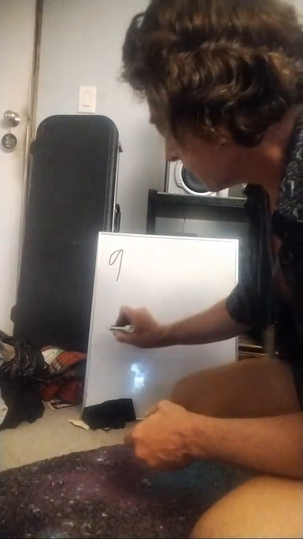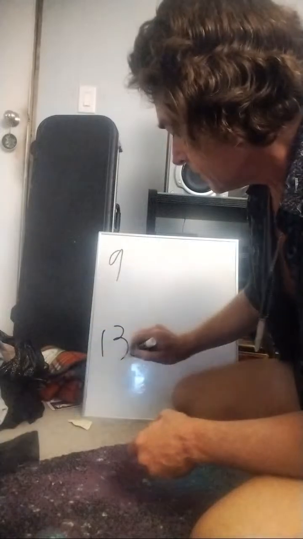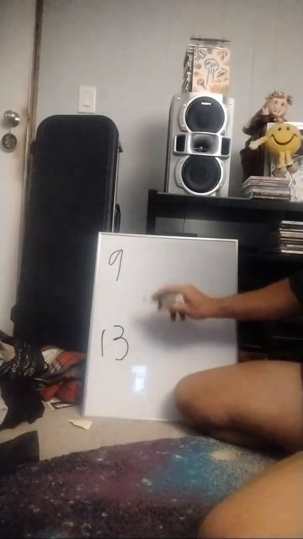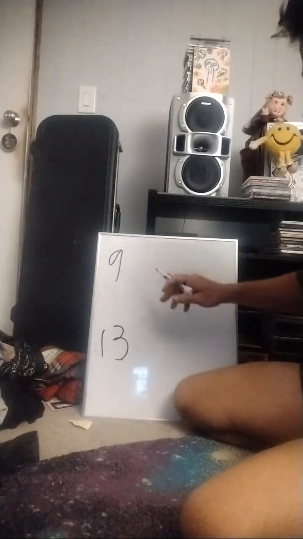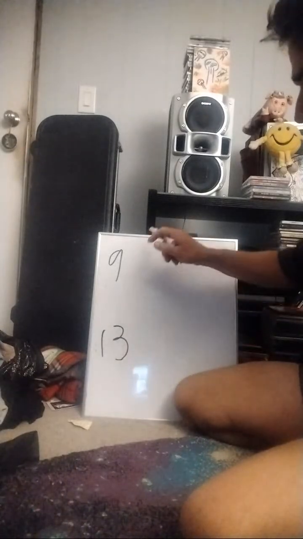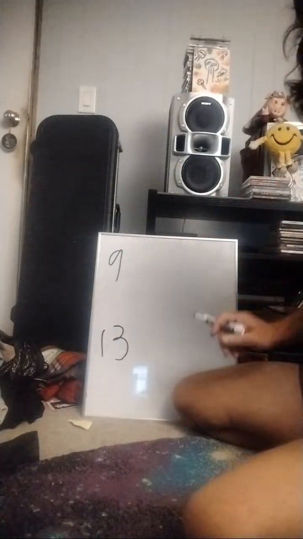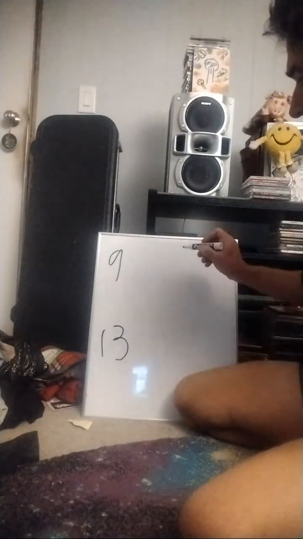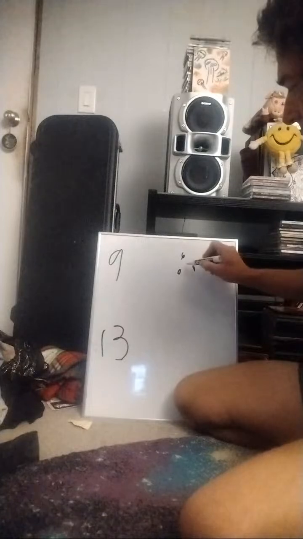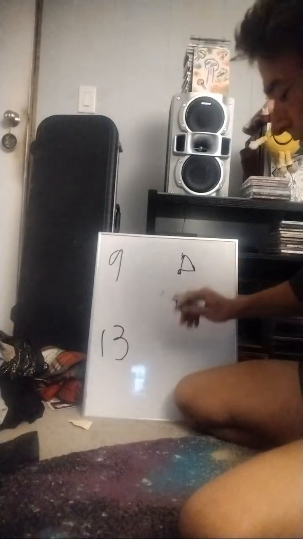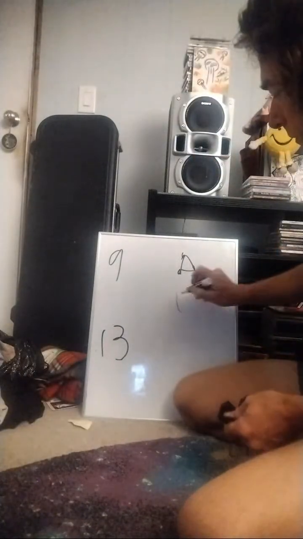Now I'm going to write 9 and 13, and multiply them by 3 and by 4. Each number is going to be multiplied by 3, and each number by 4, and we're going to see what happens. First of all, 3 is a triangular number, and 4 is a square number, like I just showed.